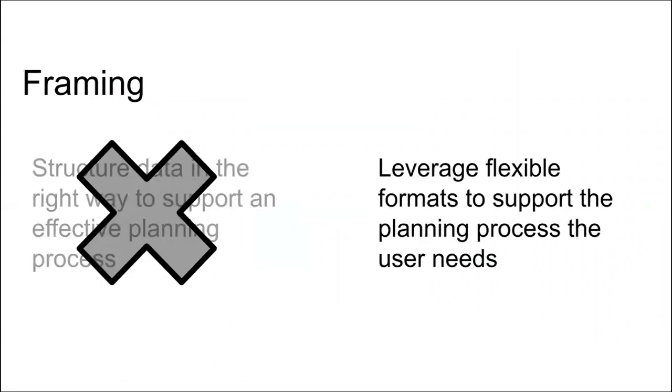With this perspective, it became clear our initial framing and approach to design based on theory were misaligned with the role of planning and how it happens in practice. Rather than focusing on structuring our design in the right way to support one particular planning practice or process, our findings showed us we needed to leverage flexible formats to support the planning process the user needs.